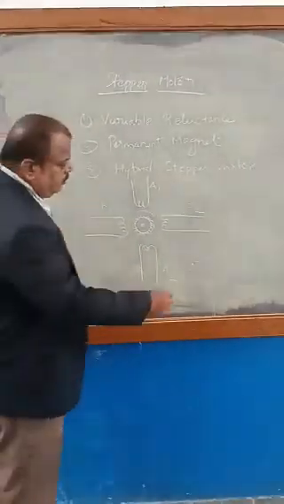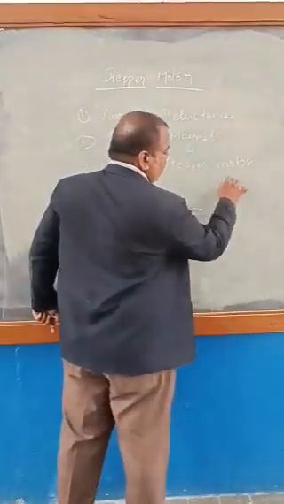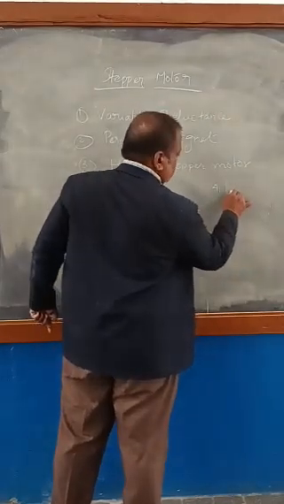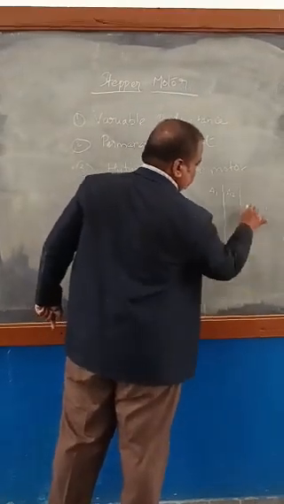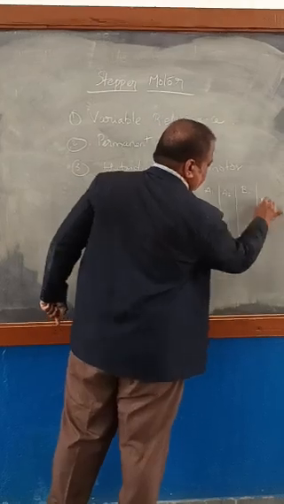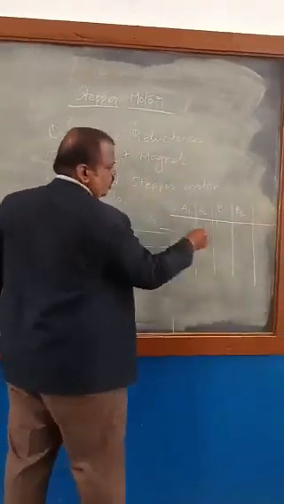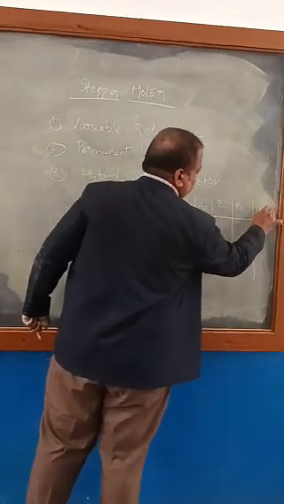Now I will draw the table here: A1, A2, B1, B2, and the hexadecimal code.